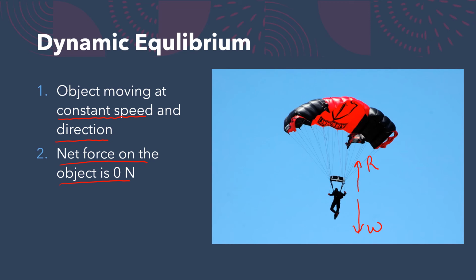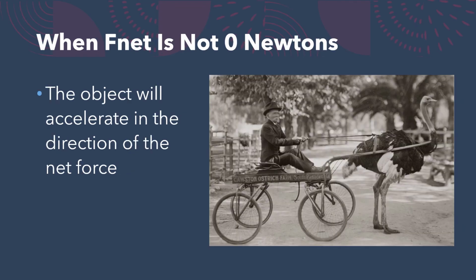And at some point, when W equals R, there's no acceleration. There's no change in speed. There's no change in direction. So this person is falling at a constant rate. That means that they are now in dynamic equilibrium. Okay? They're still moving. They're still falling towards the Earth. They just haven't changed their speed anymore. That is dynamic equilibrium.